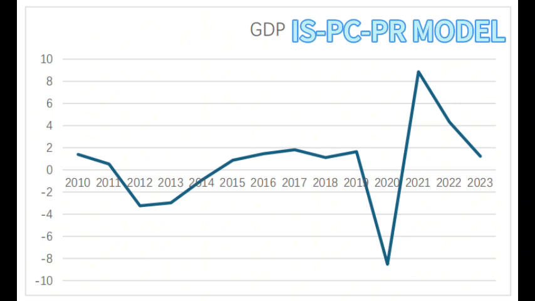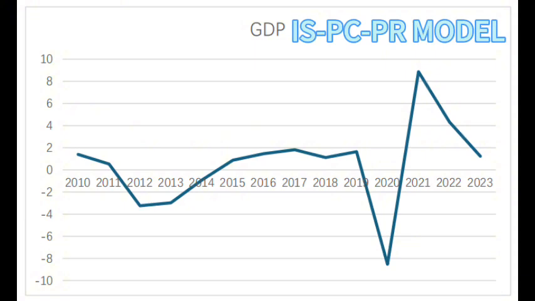From the figure below, we can see that between 2019 and 2020, the outbreak of the COVID-19 pandemic caused a sharp drop in GDP, which is a manifestation of a decline in aggregate demand.